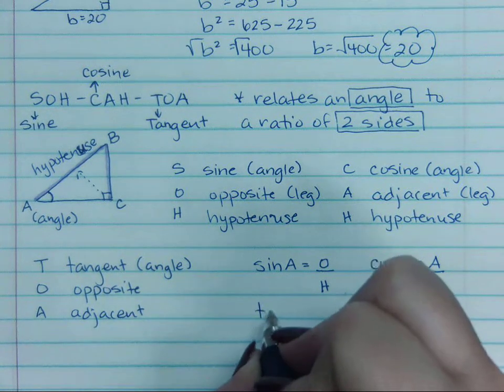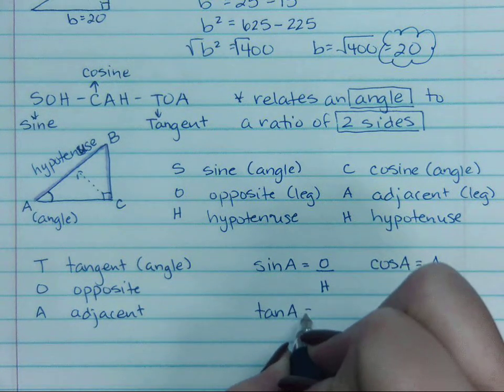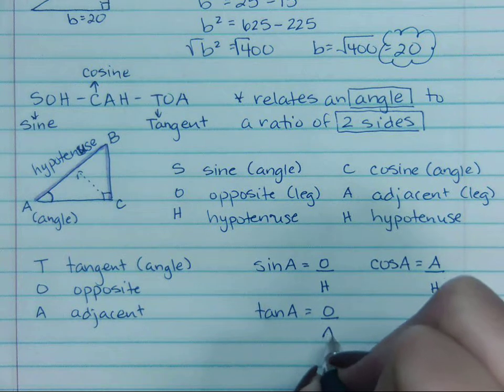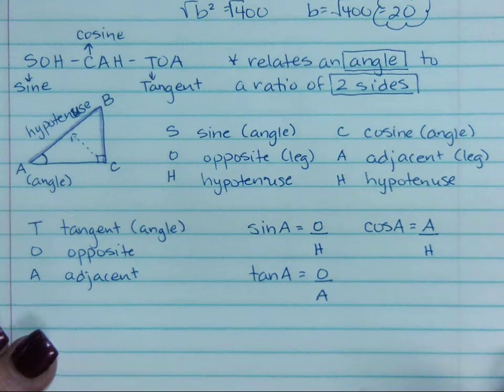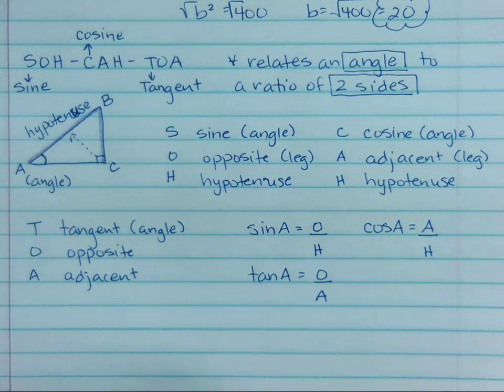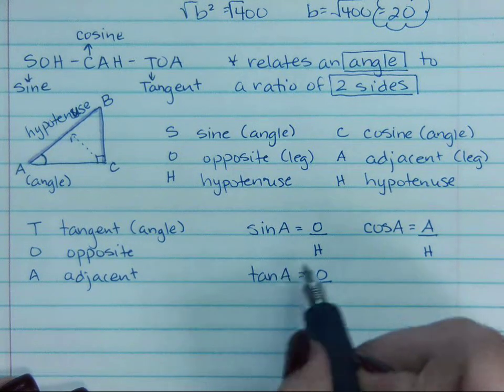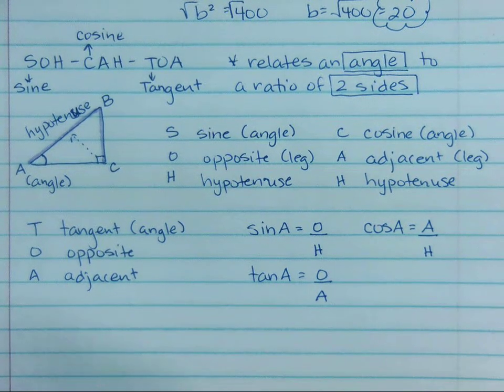Or again, tangent of angle A is the opposite leg over the adjacent leg. And so when we're doing these, for right now, we're going to start with everything being in degrees. And so it's really important that right here where we're talking about A, when we are referring to a degree, that we actually write a degree symbol.